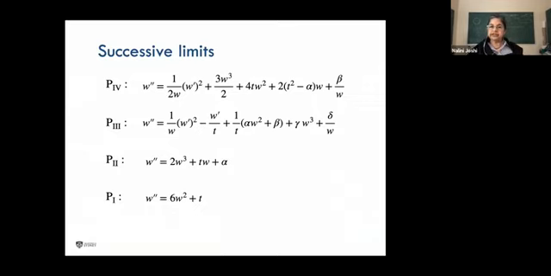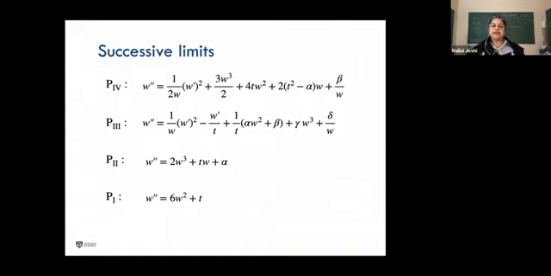These 6 equations are actually canonical representatives of universal classes of equations, which are related to each other through linear fractional transformations or Möbius transformations of the dependent and the independent variables.